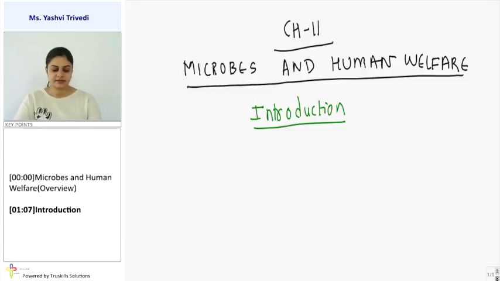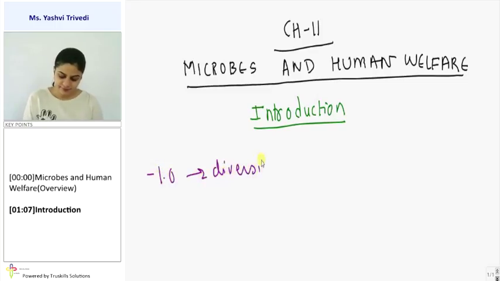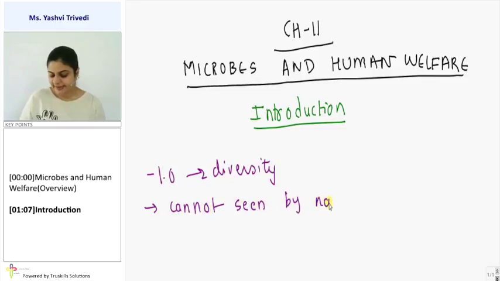As we know, living organisms show great diversity on earth. There are a number of organisms, and even by size, there are huge organisms to very tiny organisms. Microbes are particularly those organisms which cannot be seen by the naked eye.